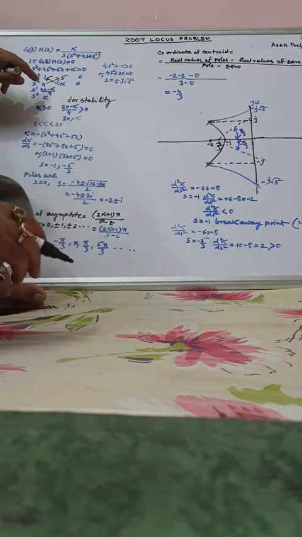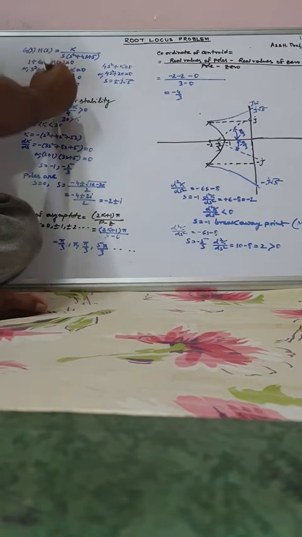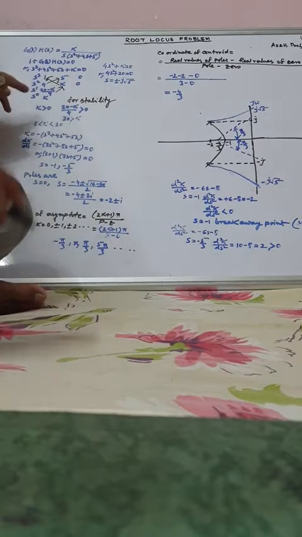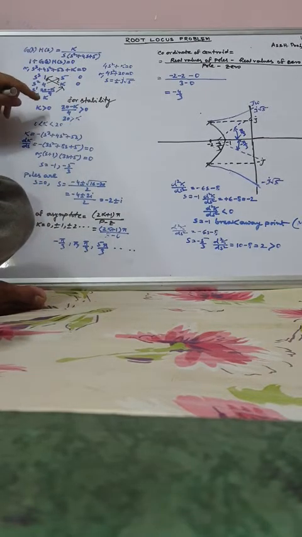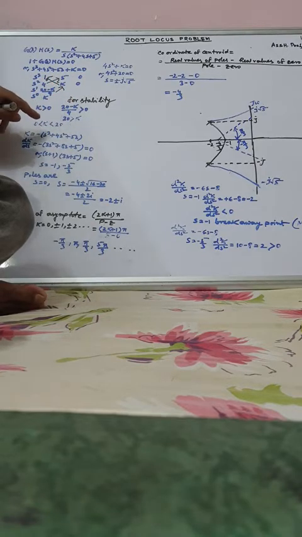So 20 minus K by 4, and this is K. K greater than 0, and 20 minus K by 4 greater than 0, so 20 greater than K. So in order to get stability, K should lie between 0 to 20.